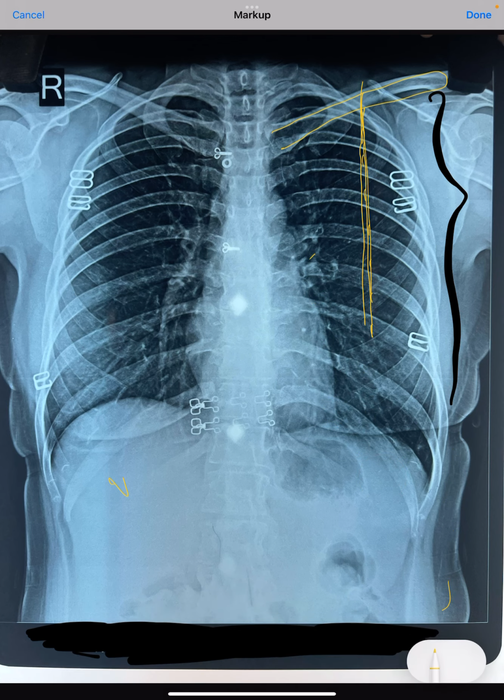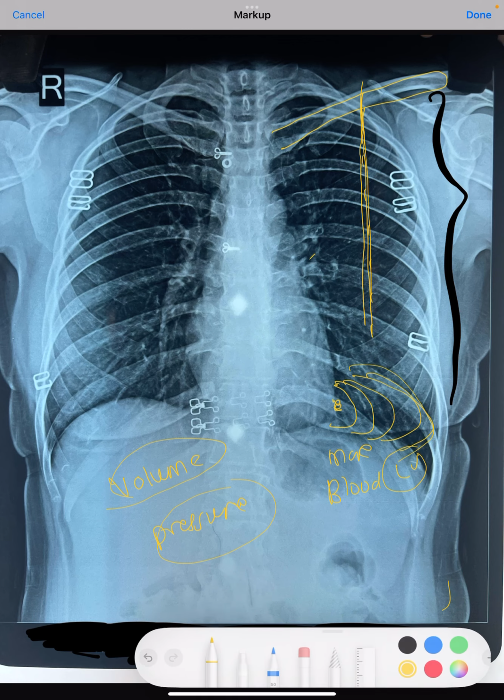There can be either volume overload or pressure overload. In volume overload, there will be more blood flowing into the left ventricle. So more blood will accumulate in the left ventricle, and the apex will simply get shifted to the lateral portion of the thorax.